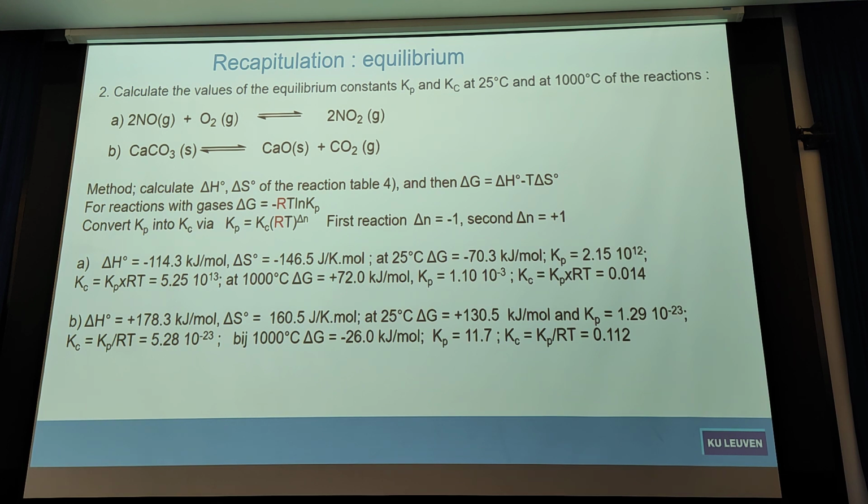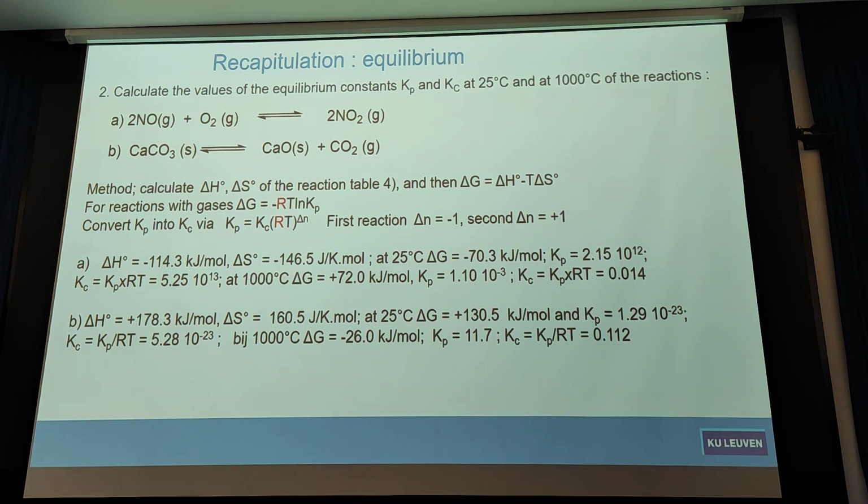So we get to switch from a spontaneous to a non-spontaneous reaction, from a free energy that is negative to a free energy that is positive, or from an exergonic to an endergonic reaction.